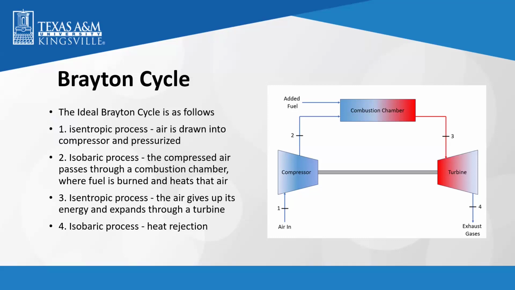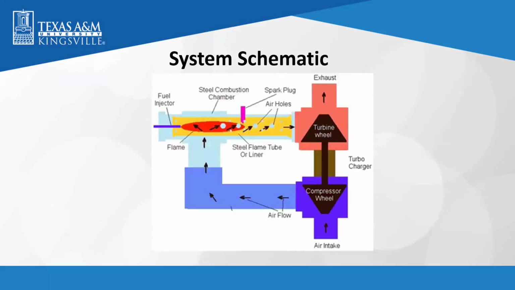In the combustion chamber, the fuel is added and burned with the pressurized air, and in this process the pressure remains constant. Then the high temperature and pressure gases expand through the turbine and produce thrust. This schematic shows how the general gas turbine works.